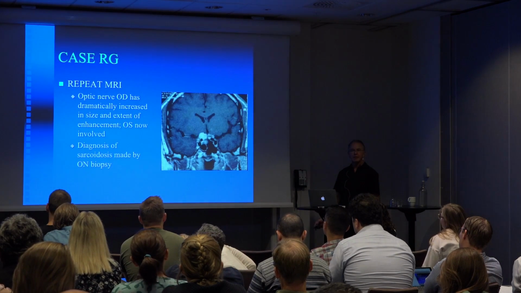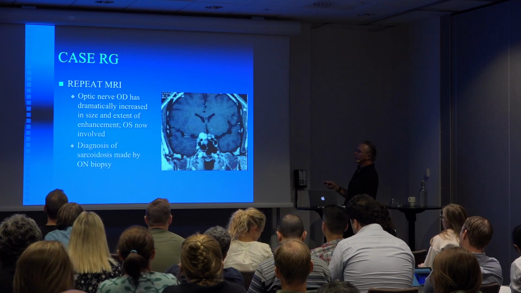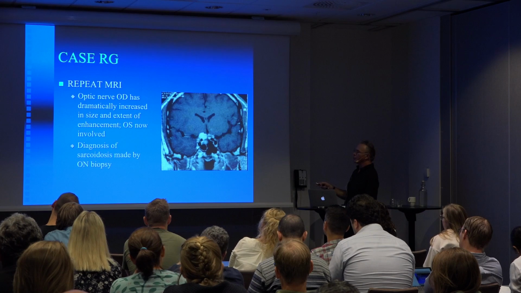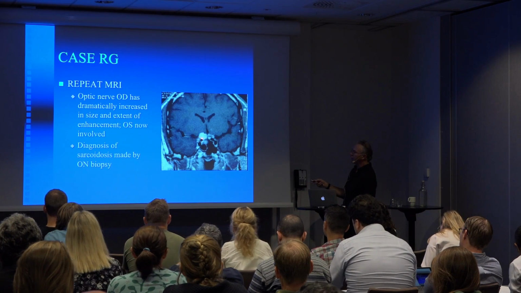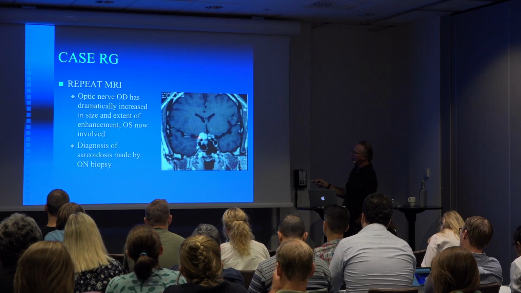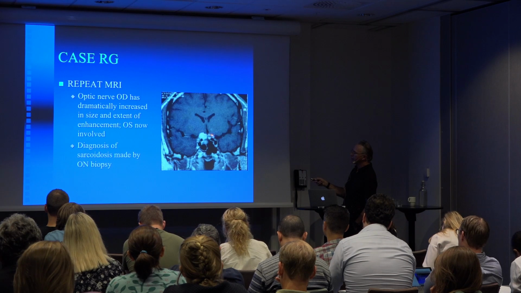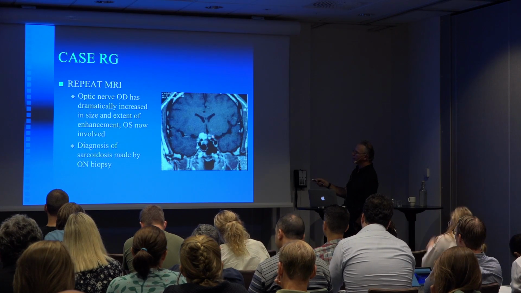This is a repeat MRI at the time when things went bad. So all of a sudden, in addition to intraorbital inflammatory disease, the chiasm, which was actually normal on the previous exam, has this very large, densely enhancing area and some fluffy edges here. And on the left side, there are some fluffy edges, infiltration around the center that's relatively spared here.